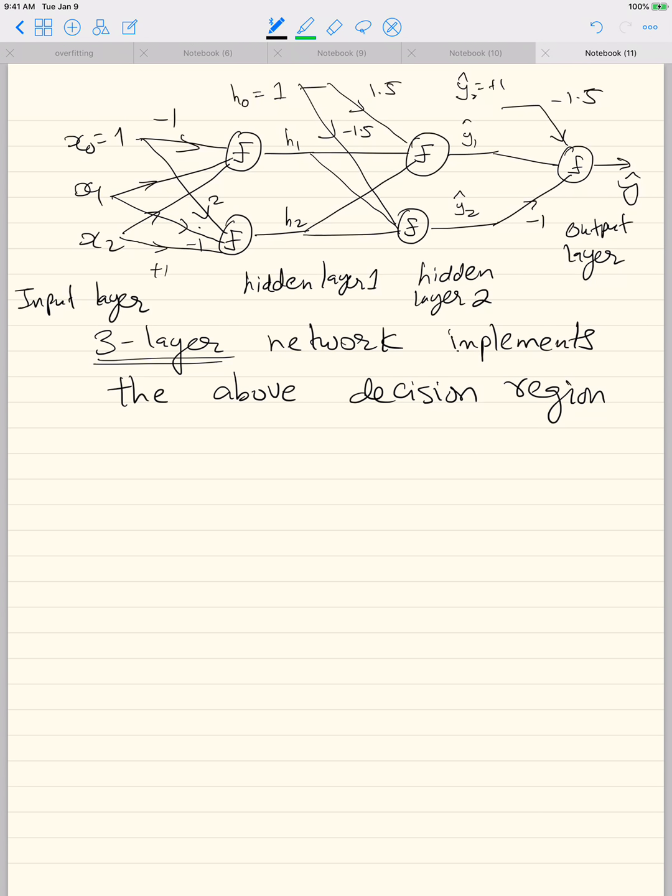What if we had more complicated decision regions? Suppose our decision region looked like this. We are still in two dimensions.